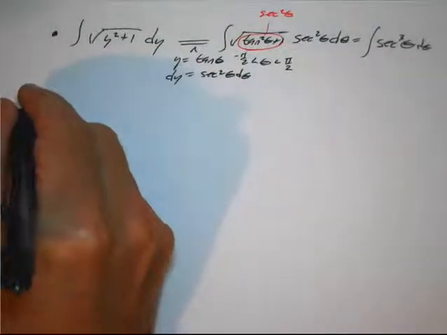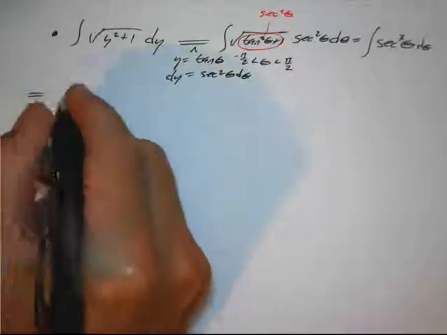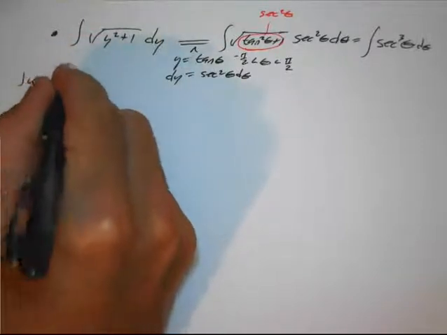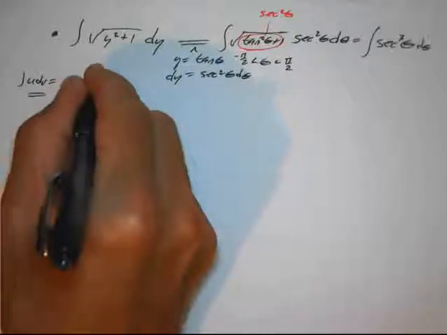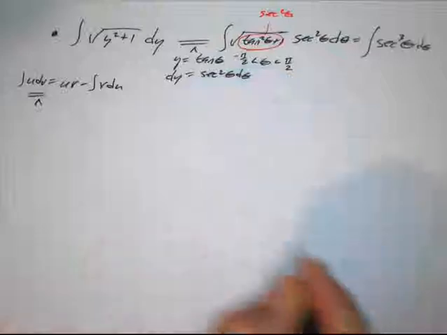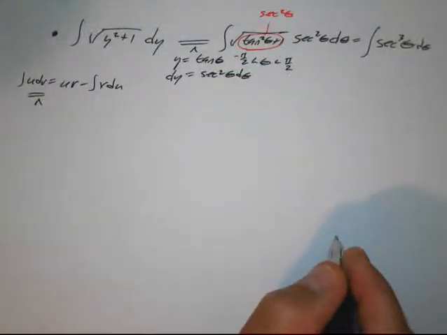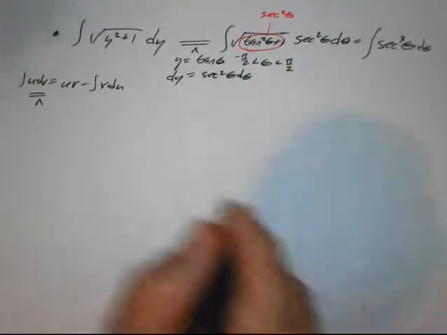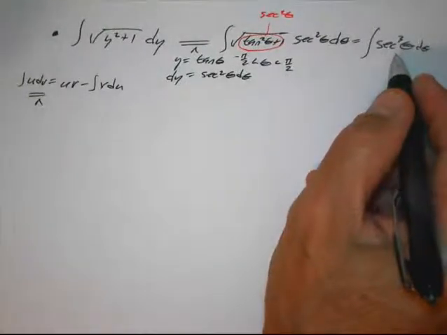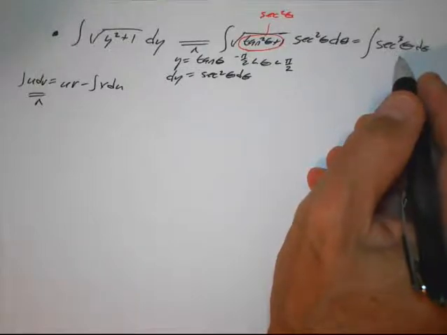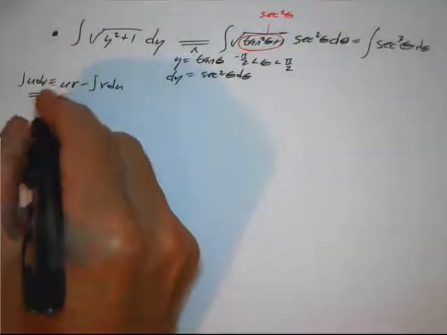Okay, first a little memo as to the integration by parts, and that's the integral of u dv equals uv minus the integral of v du. Now here we want to have a dv be something we can easily get v from. So in this case here, the only thing that's going to work easily is to make secant squared theta d theta be dv.